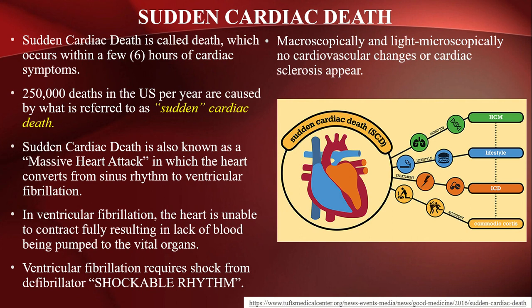In ventricular fibrillation, the heart is unable to contract fully, resulting in lack of blood being pumped to the vital organs. Ventricular fibrillation requires shock from a defibrillator, a shockable rhythm. Macroscopically and light microscopically, no cardiovascular change or cardiac sclerosis appears. And here you see the cause of the sudden cardiac death.